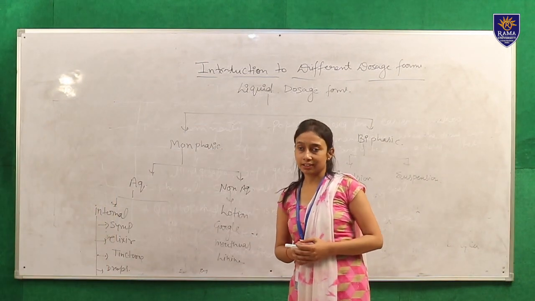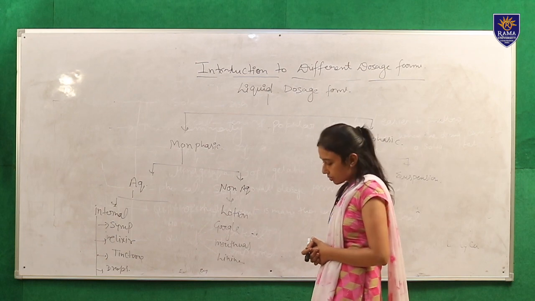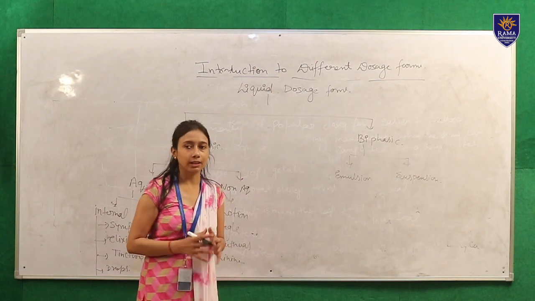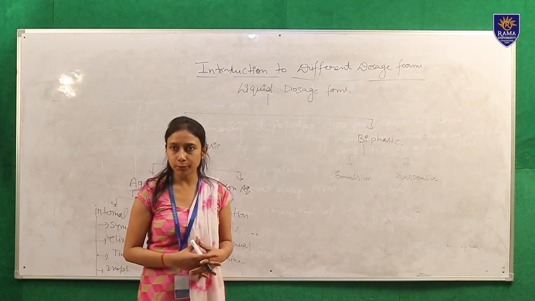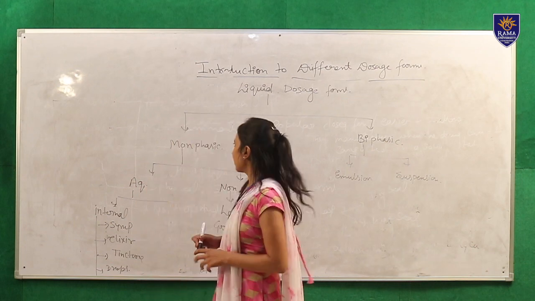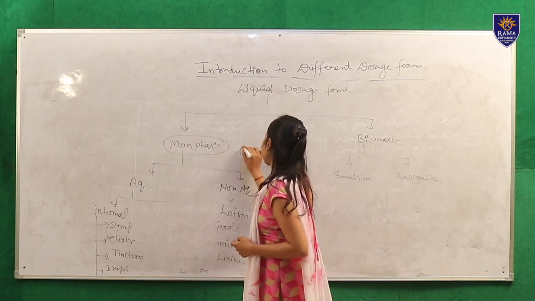So after discussing the solid dosage form, now we are moving to the liquid dosage form. There are two main classifications. First is monophasic liquid dosage form and second is biphasic liquid dosage form. The term monophasic is made up of two words, mono and phasic.